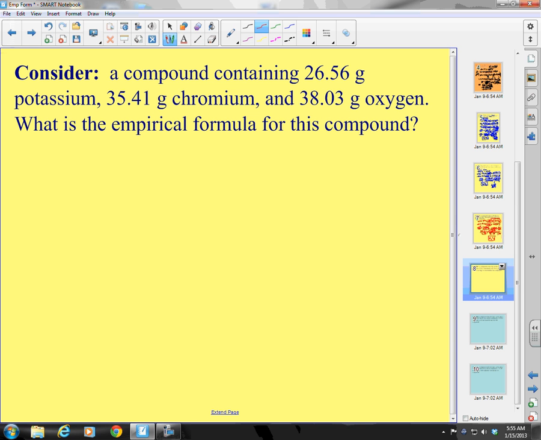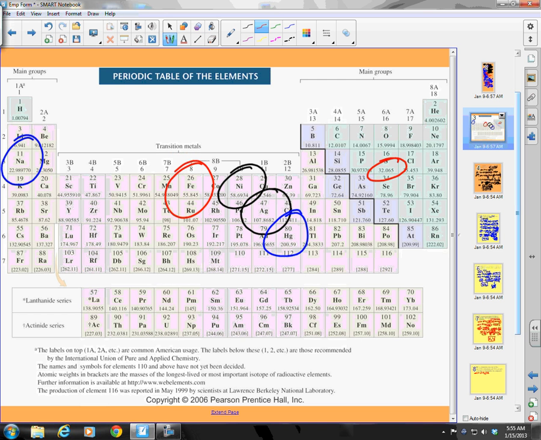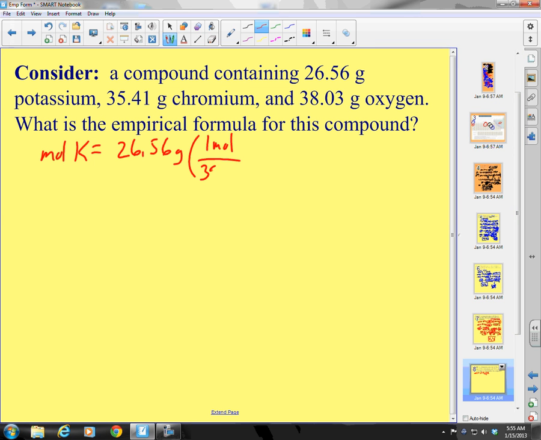Well, here we go. I have potassium, chromium, and oxygen. I want moles of potassium. Moles of potassium are equal to 26.56 grams of potassium times 1 mole of potassium per, let's go to our periodic table, potassium, 39.10 grams of potassium.